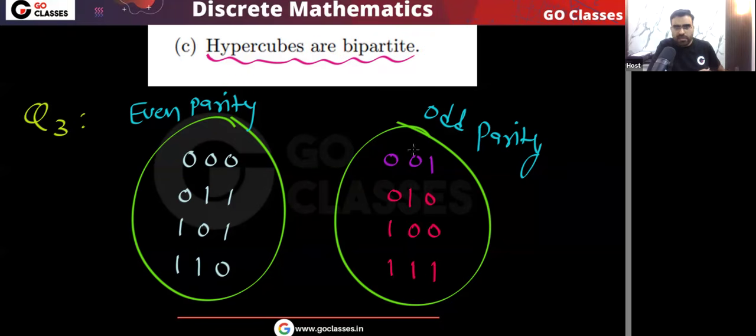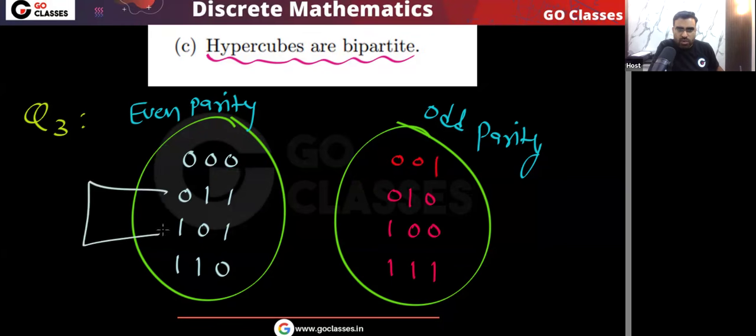Okay, now you tell me, here you notice, are these adjacent? Tell me quickly, are they adjacent? This and this, they are not adjacent, because you can see they differ in two positions. Are they adjacent? No, they differ in two positions.